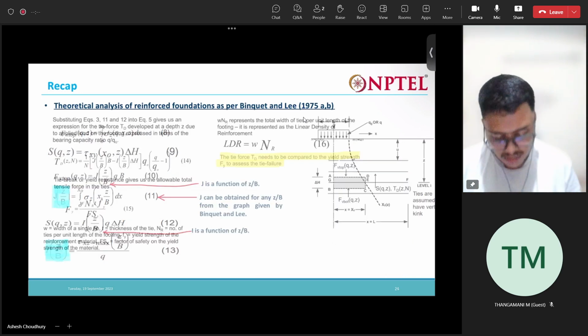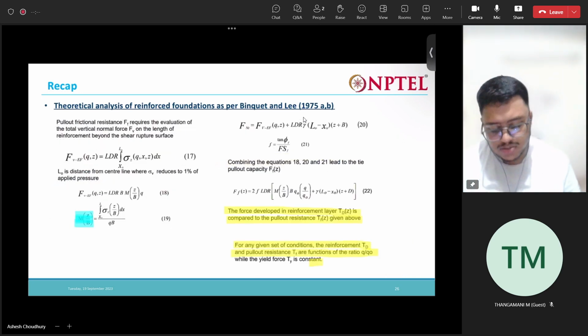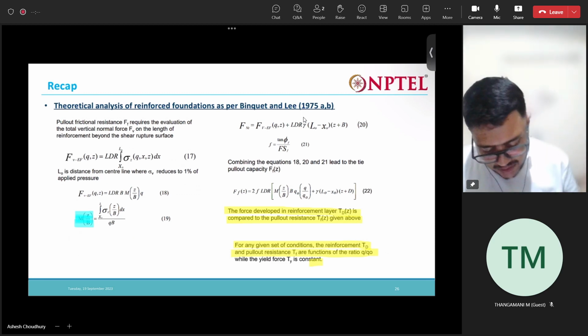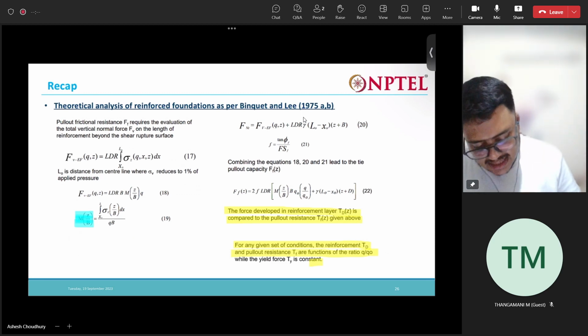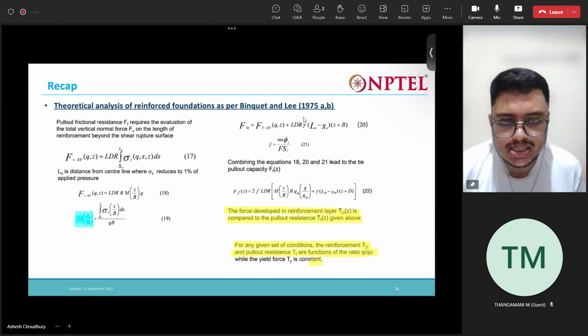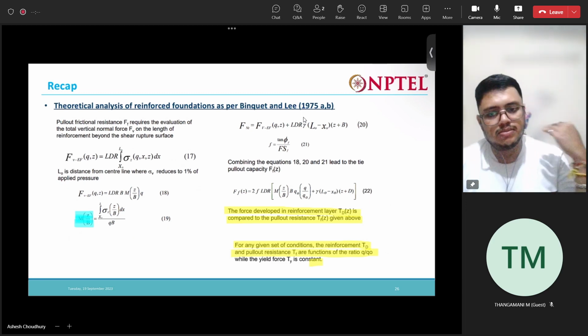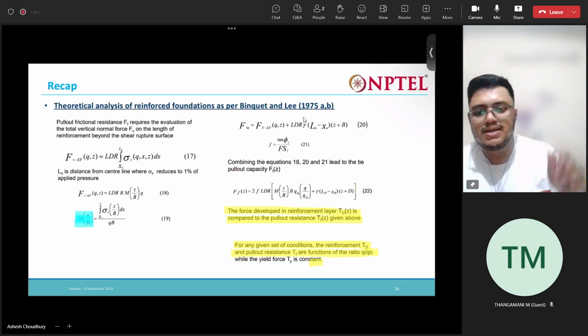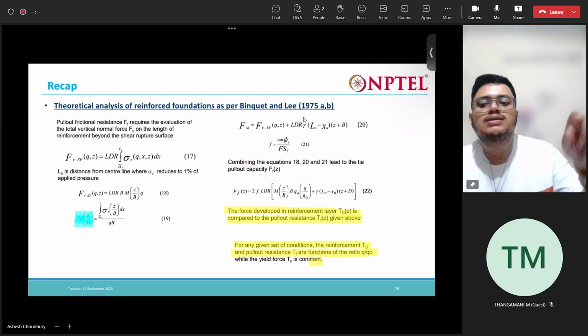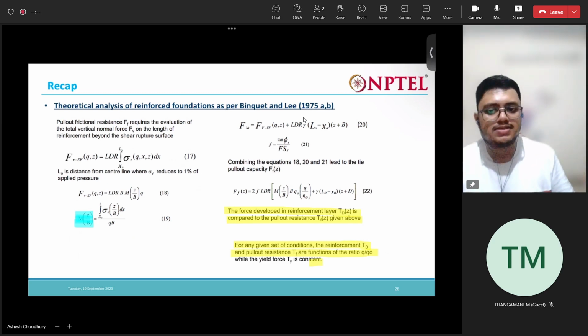Okay. So the vertical force that is coming in that EF is given by LDR times the integral of sigma z dx. Linear density ratio times the integration of sigma z. What is sigma z?